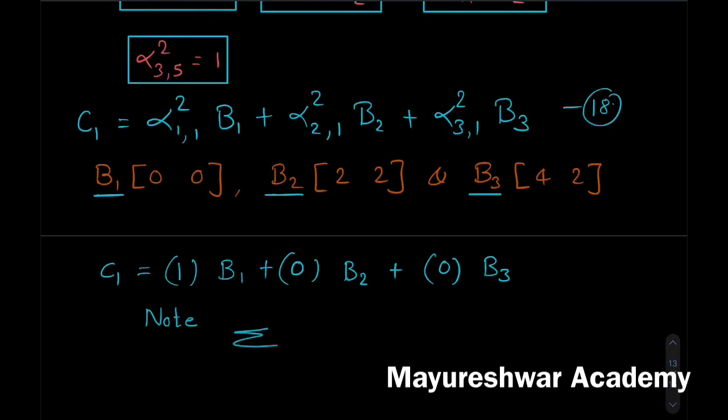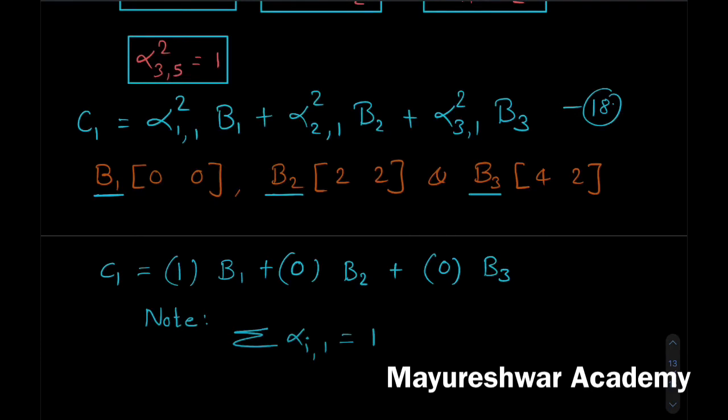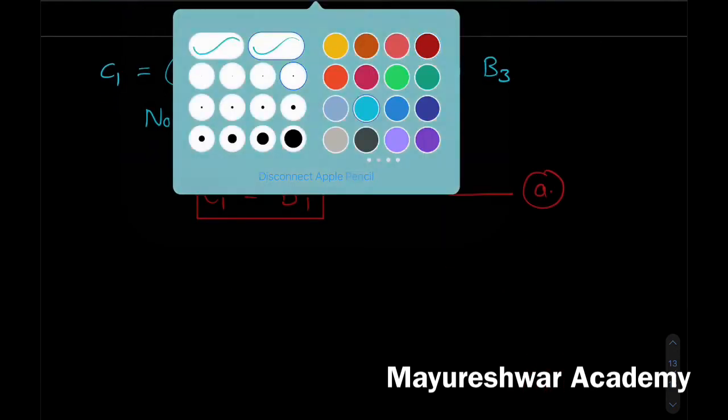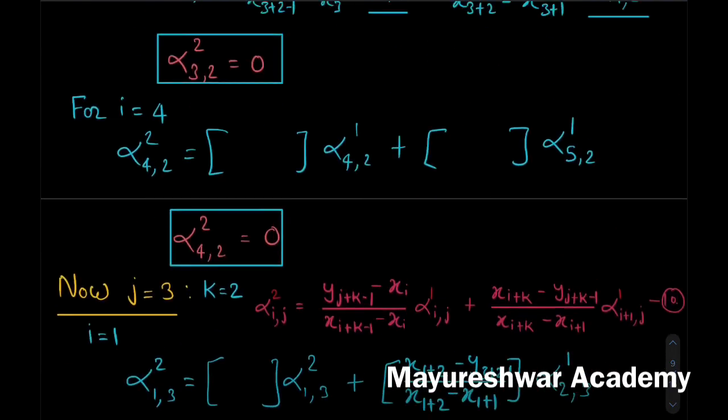Also note that the summation of all the alphas, which we have stated in the formulation, for any particular j has to be unity. So here alpha i comma 1 is unity. So that gives C1 is equal to B1. This is the final expression. So that means after knot insertion, point 1 is identical to the first vertex given, which is B1.